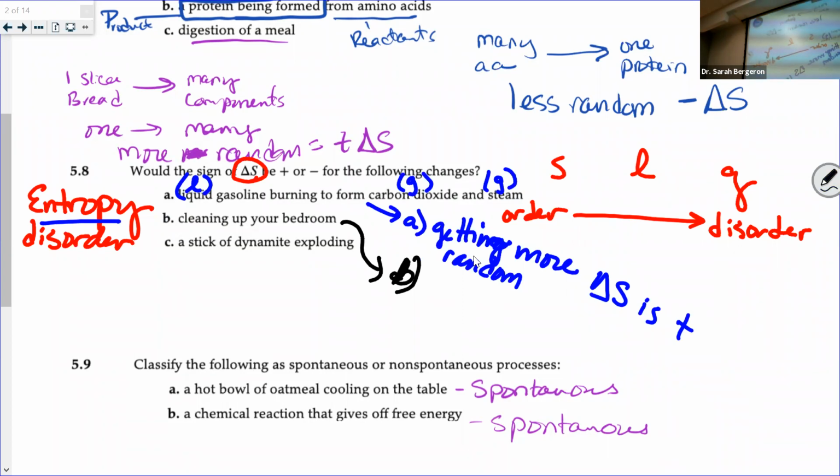You're going from disorder, right, to order. So what should my sign be on delta S? Delta S is negative.